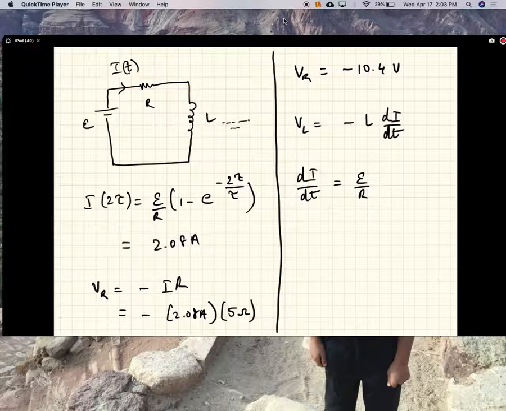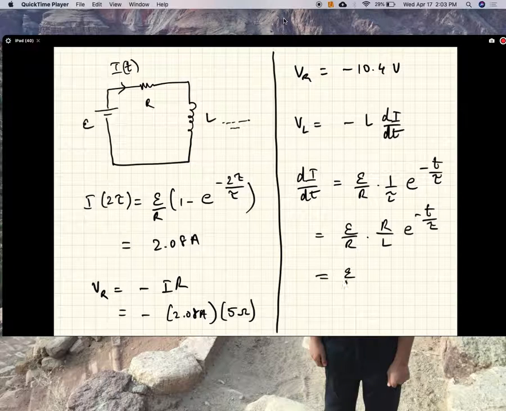You guys can check this at home if you like. And tau is L over R. All right, we'll need another sheet.